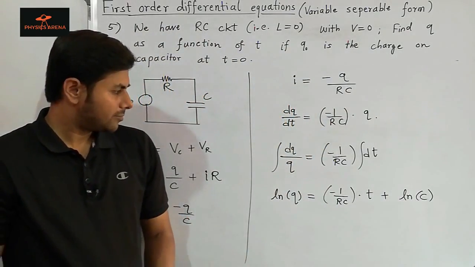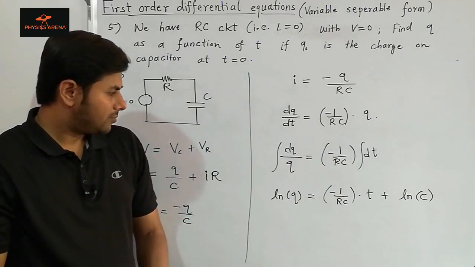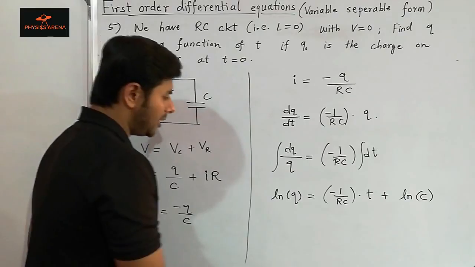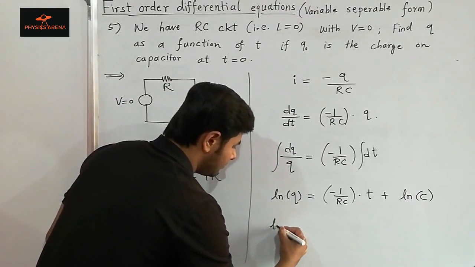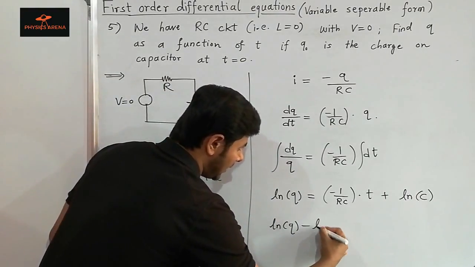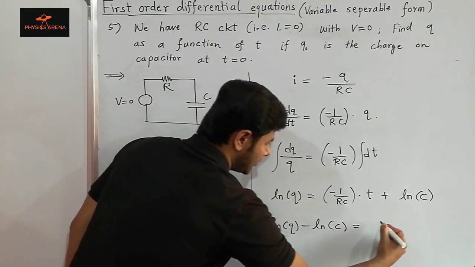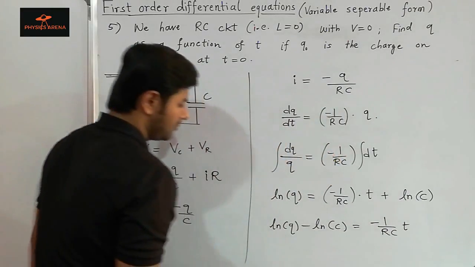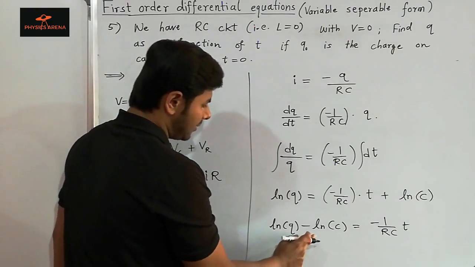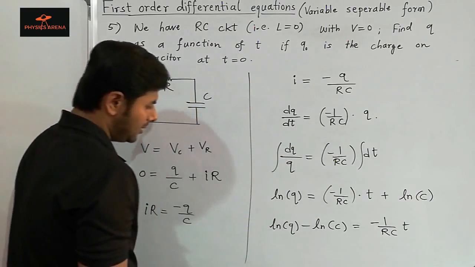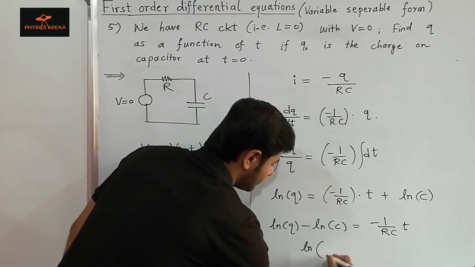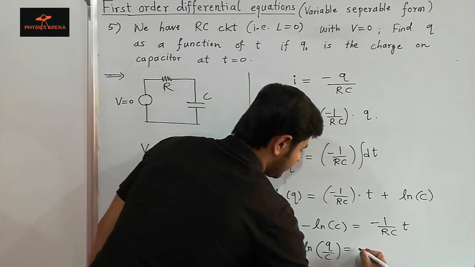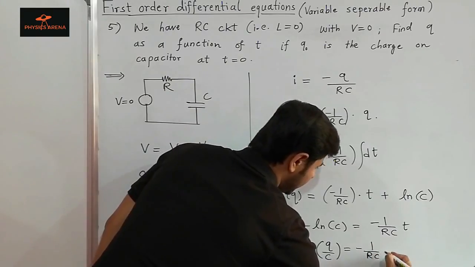Okay, now we can take the C on the other side. So we have ln of Q minus ln of C equals minus 1 over RC times t, and ln of Q minus ln of C is ln of Q over C, and that is equal to minus 1 over RC times t.